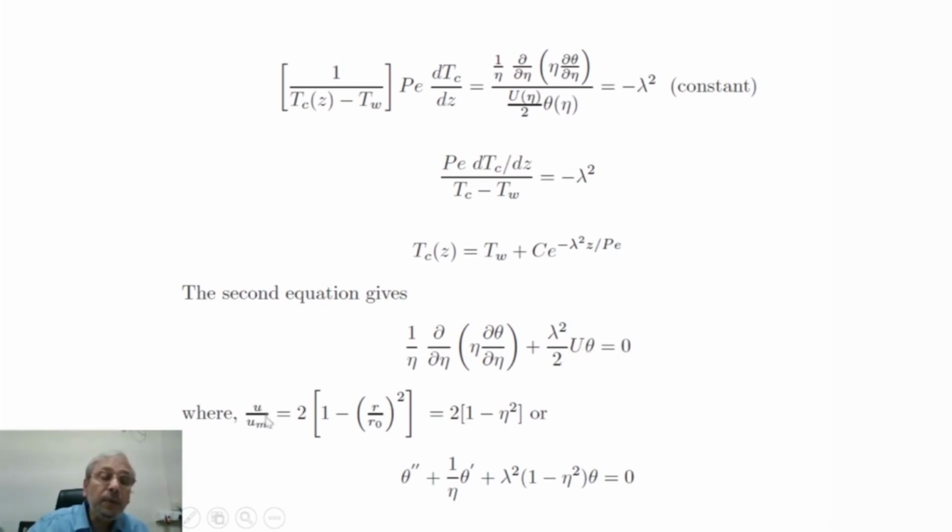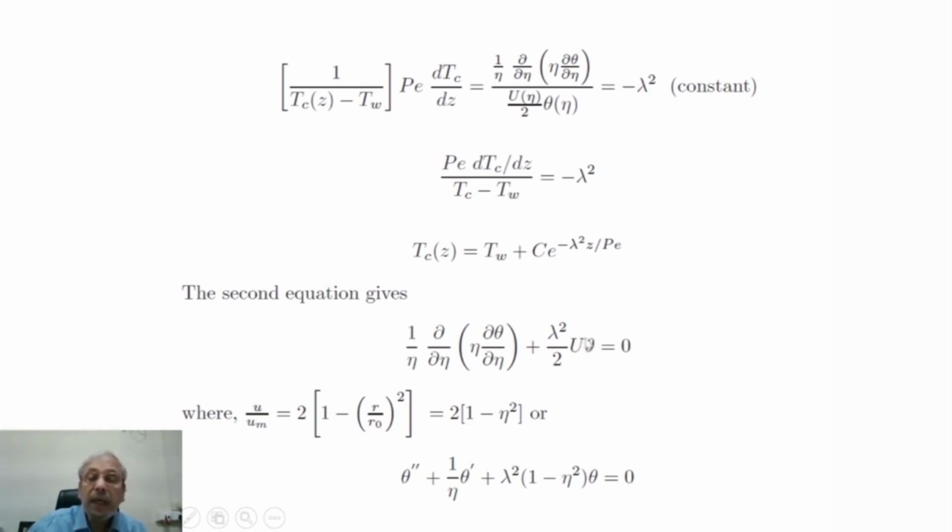And already we know U by Um in a fully developed tube flow or pipe flow is given by a parabolic variation, which is twice 1 minus r by r naught square, or twice 1 minus eta square.